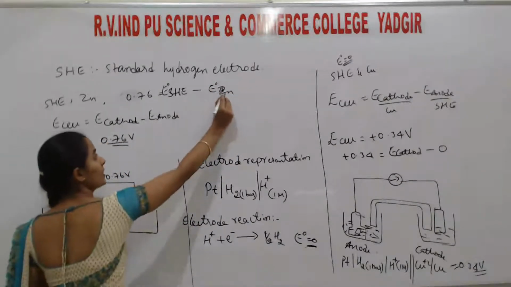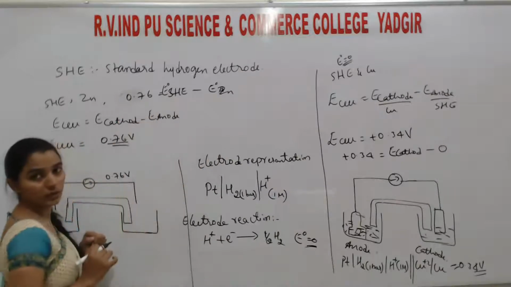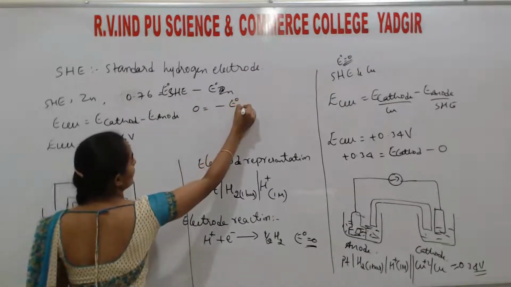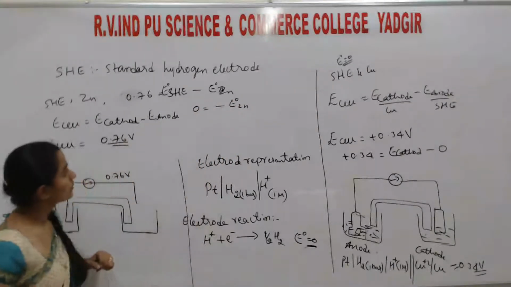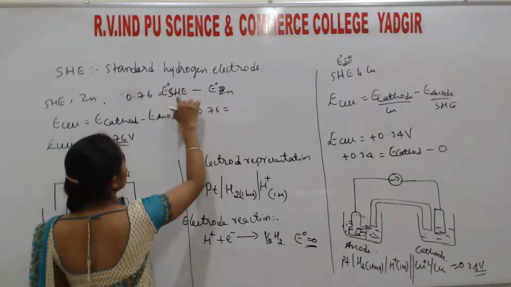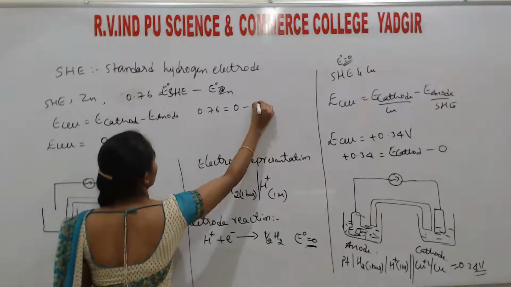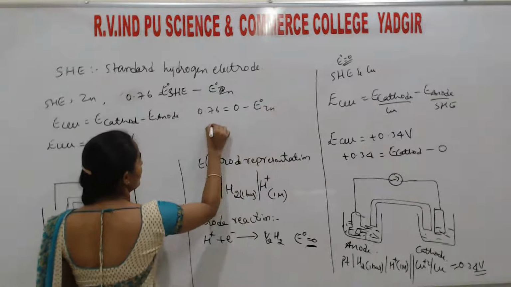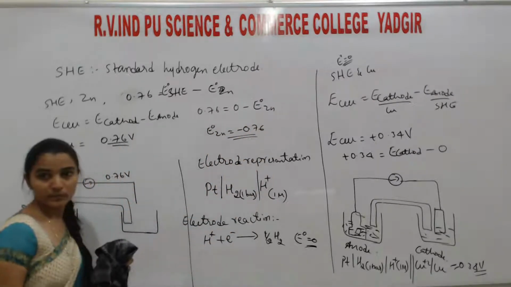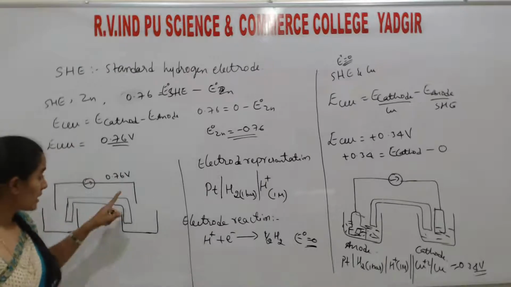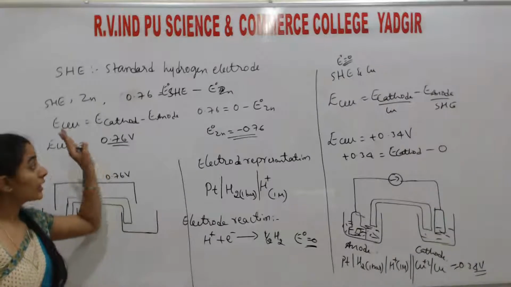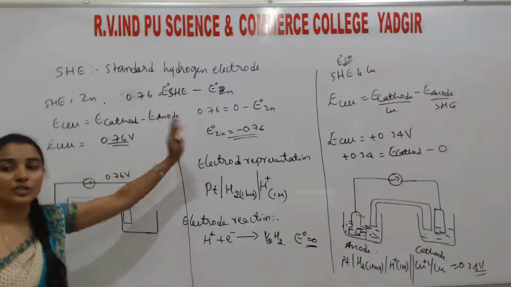So minus of minus 0.76, this is equal, so 0.76 is equal to 0 minus E naught of Zn. So E naught of Zn becomes minus 0.76. By taking the reference of this, we can easily calculate the individual electrode potentials.